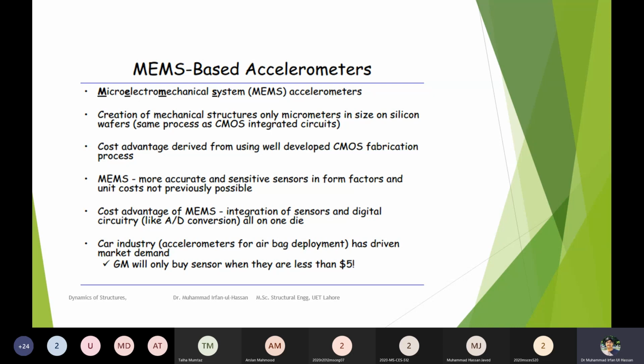So these are produced, and the cost advantage is there. These sensors are more accurate and sensitive, and the unit cost is also less.